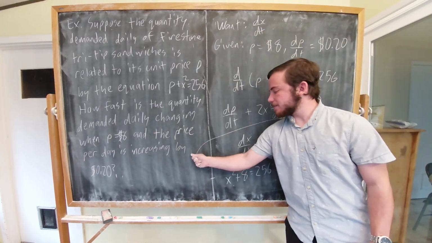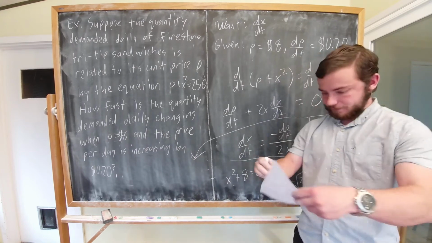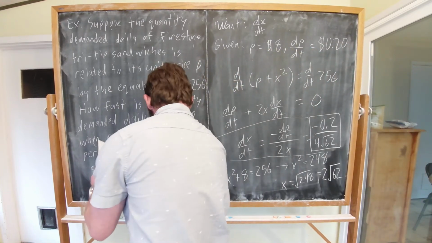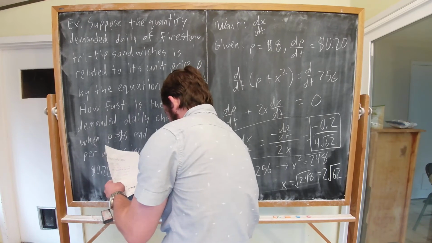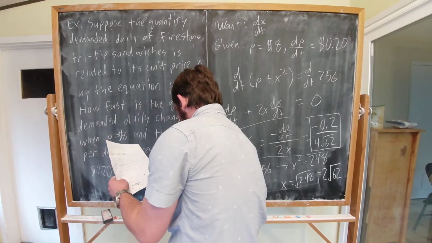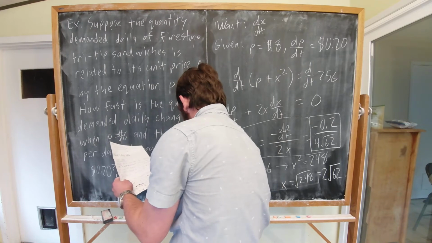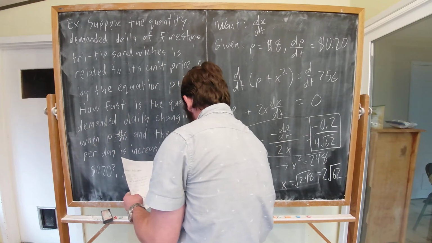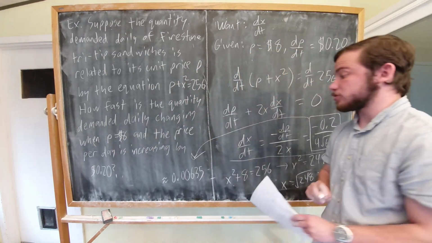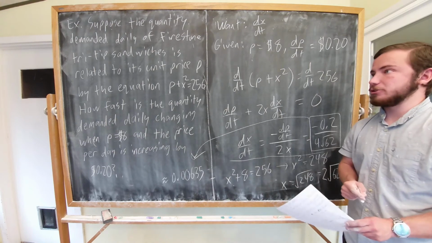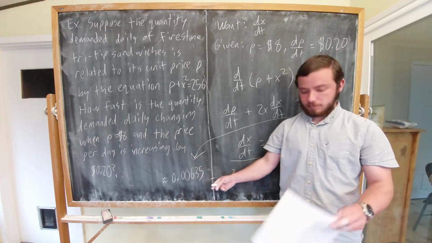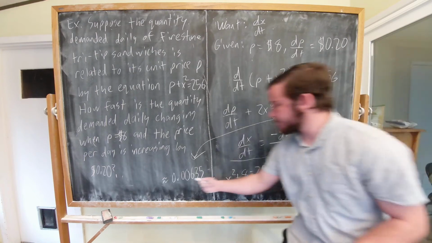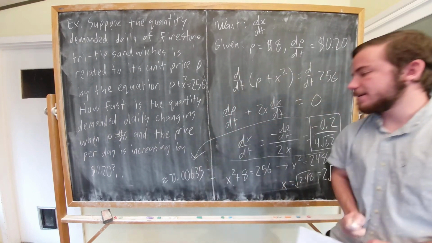Since this is a more applied class, I'll put a decimal. This would be about negative 0.00635, and it should be dimensionless. I guess it would just be sandwiches per day.